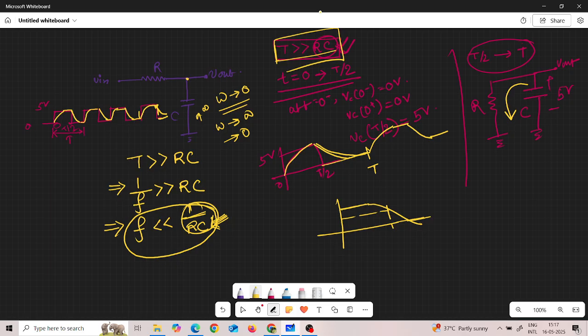All the low frequency components will be passed through the circuit, and the extremely high frequency components are blocked here. Without the extremely high frequency components, our circuit passes all the other frequencies, so that is why the waveform looks like this.